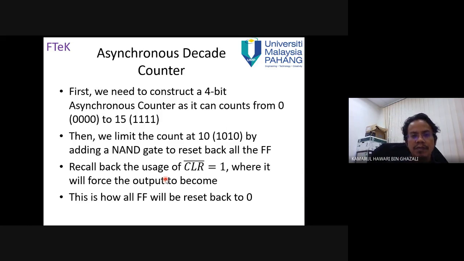First, we need to construct a 4-bit asynchronous counter as it can count from 0 to 15. Then we limit the count at 10 by adding the NAND gate. Recall back that usage of clear where it forces the output to become 0. This is how all flip-flops will be reset back to 0.